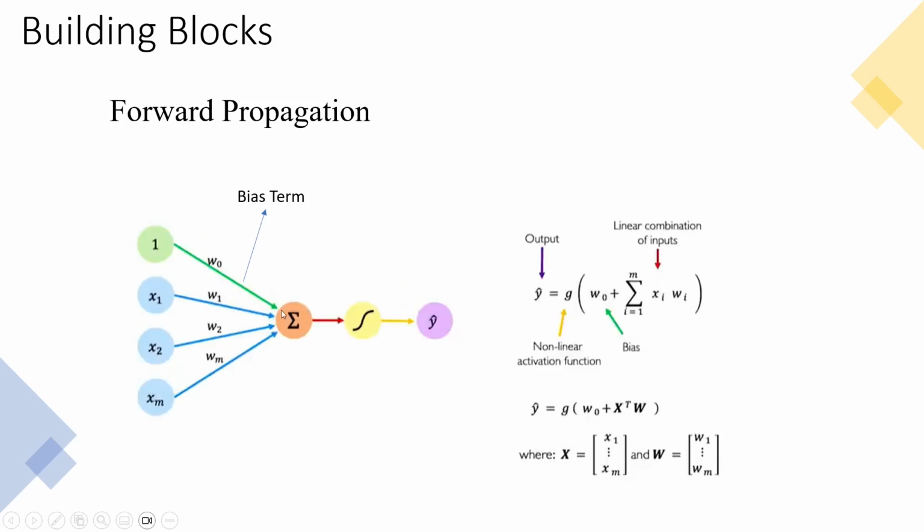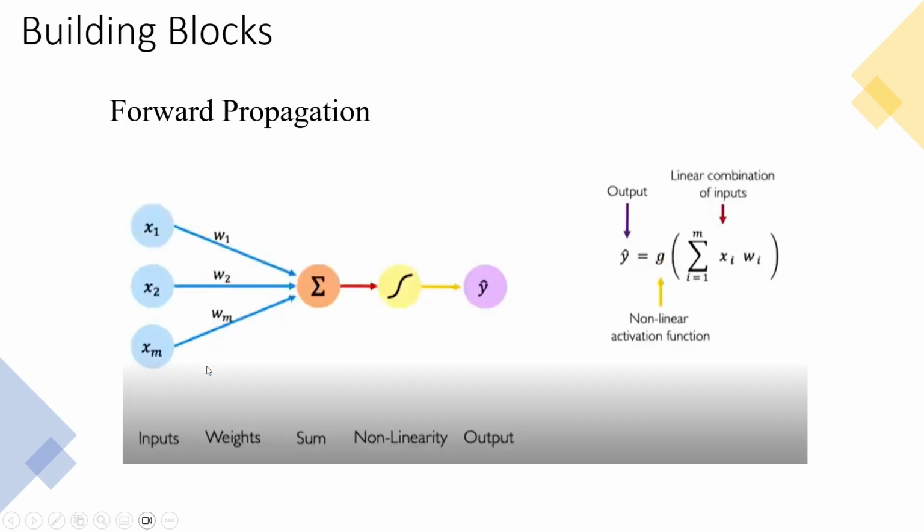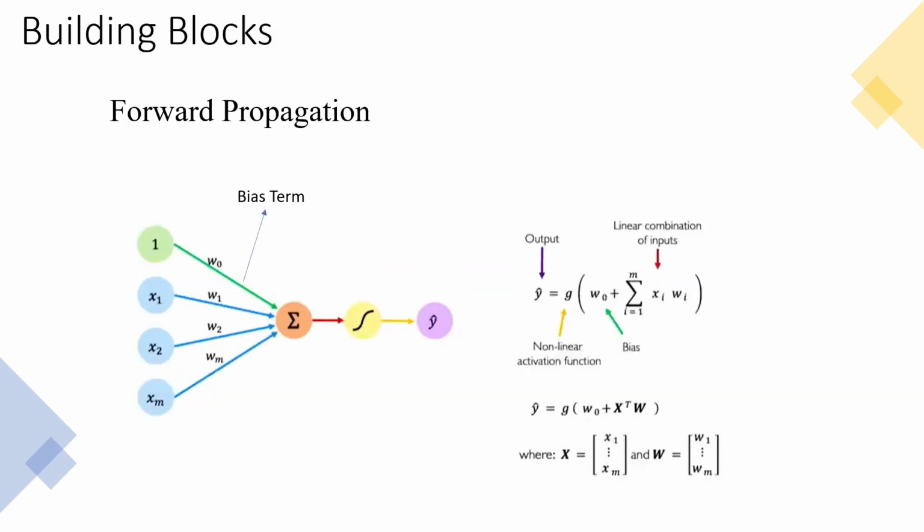So a little bit more advanced version of the previous network is this one. They are basically the same network, with the forward propagation. But we have this special input, which is always 1, and we have this W0, which is the bias term. We called this B in previous slides.